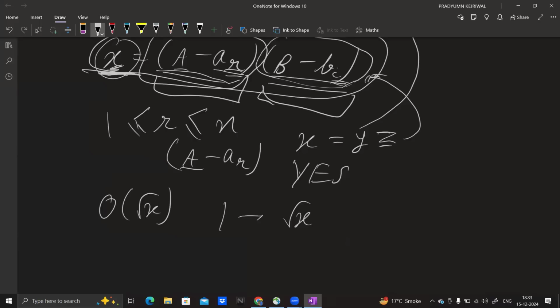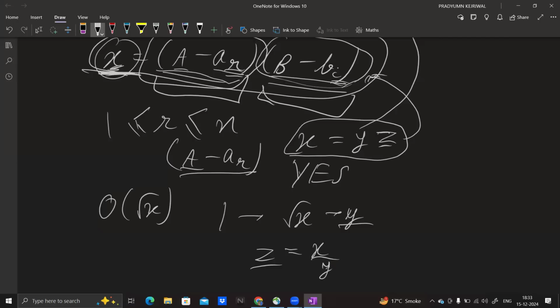If x equals yz, then either of these two factors will be less than root x. So this is one factor, suppose it is y, let's say. Then z would be just x by y. So you will have these two factors, and then you can check whether y is in array A, I mean this array, and whether z is in the array of b minus br or b minus bc or not.